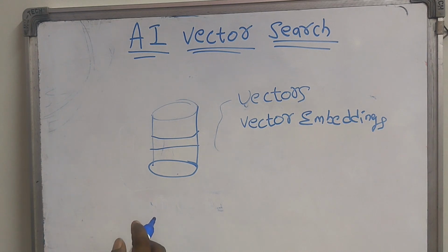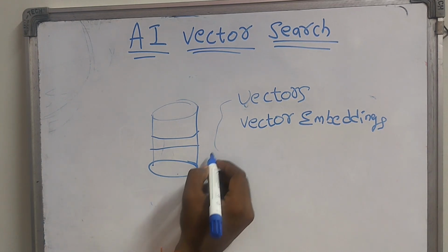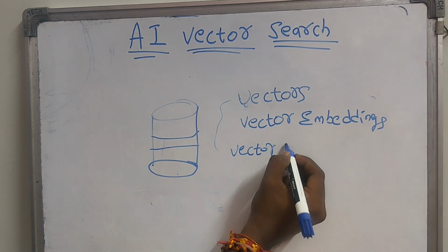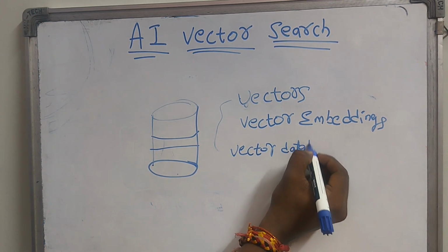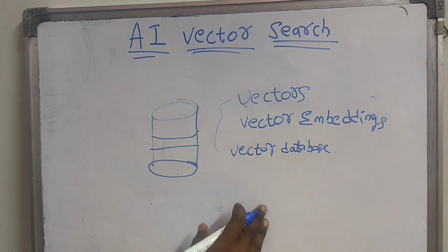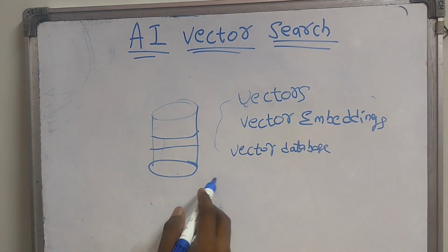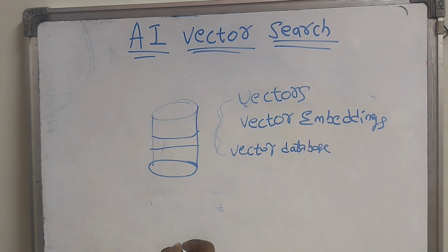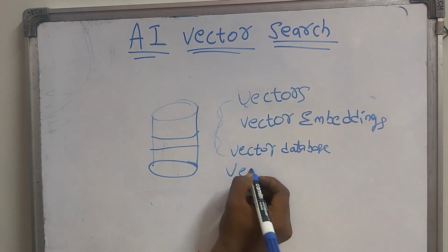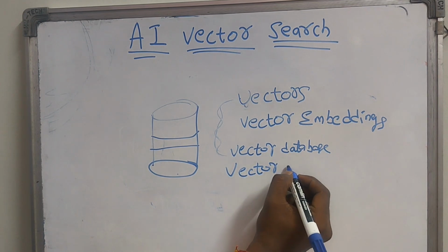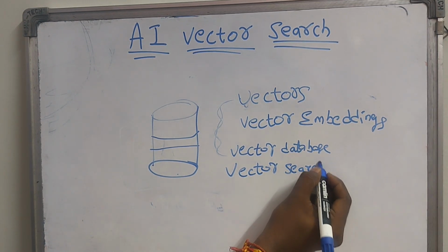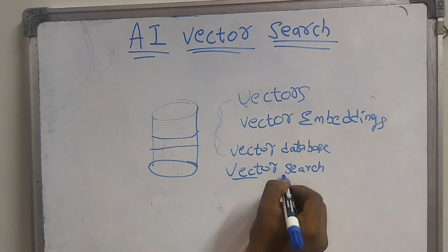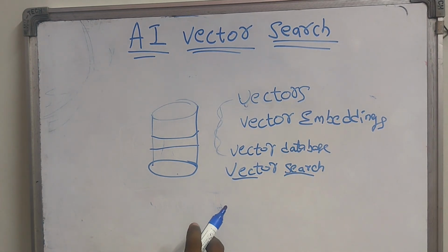So now we have vectors, and we also have a vector database to store these vectors. Now we need a mechanism to perform operations on these vectors. That's where vector search comes into the picture. Vector search is a way to get the value out of the vectors.